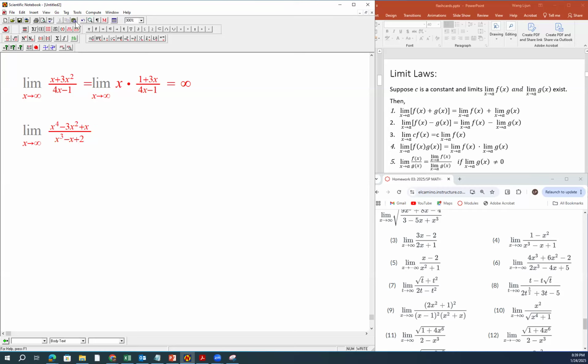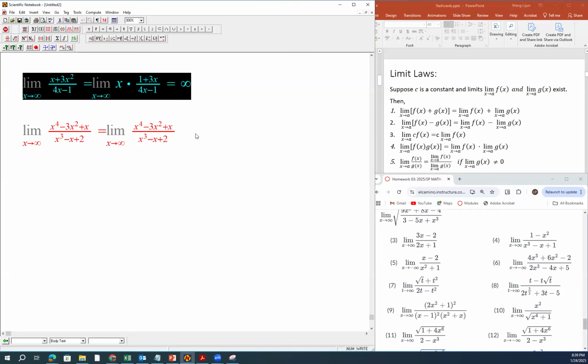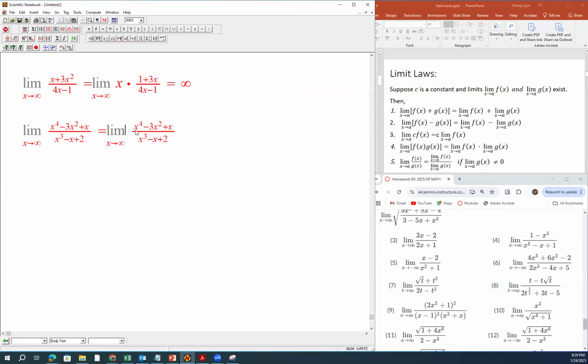So it's the same technique, and we can apply the same technique for the next one. Once you understand how it works, the work part you can just write this way. And then for this one, you also write x times, right? So this is going to be x raised to the power 3 after x being factored out, and this is going to be just x, and this is just 1.